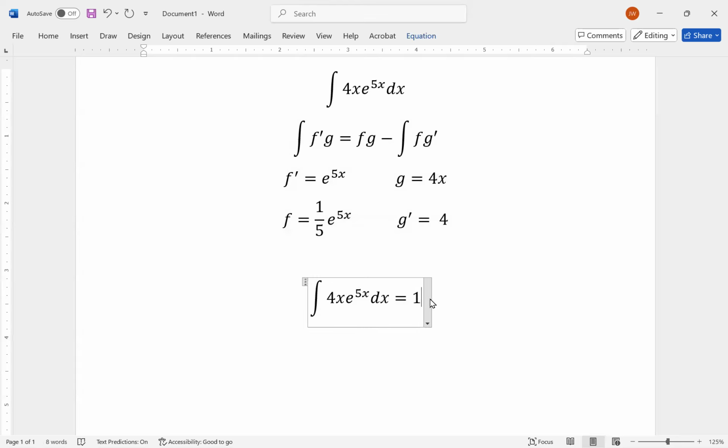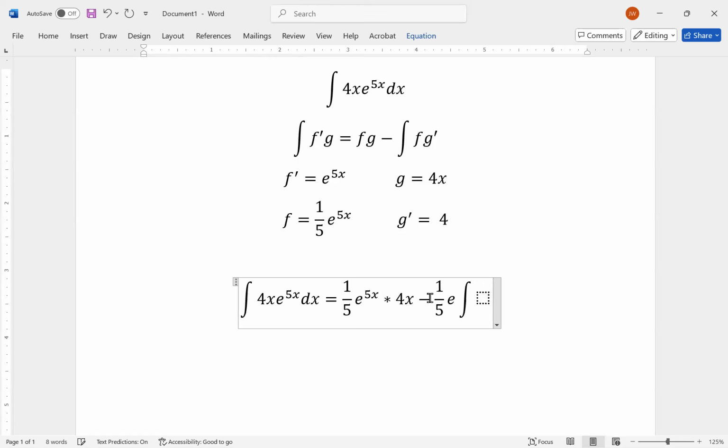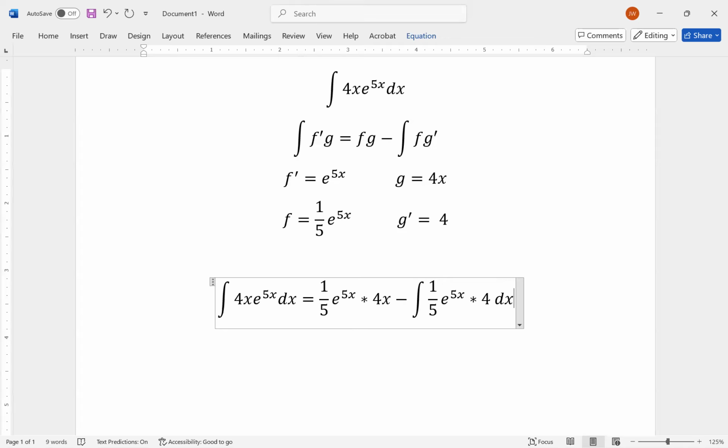So let me write that down: 1/5 e to the 5x times 4x, minus the integration of f, 1/5 e to the 5x, times g prime, and we're going to integrate that with respect to x.